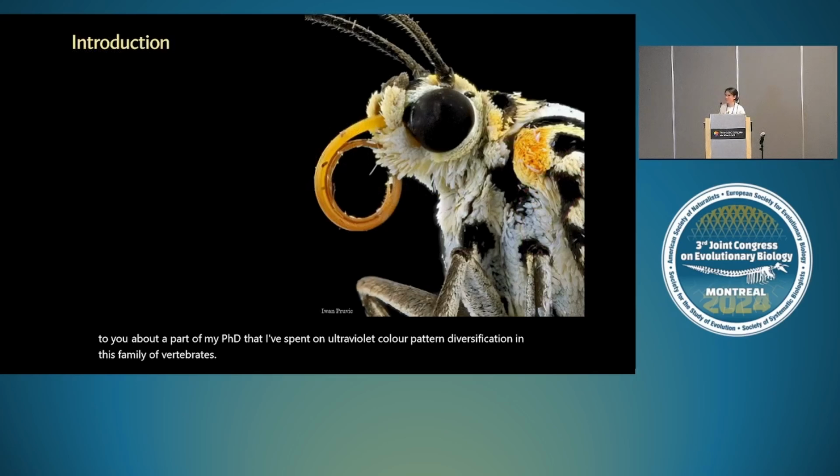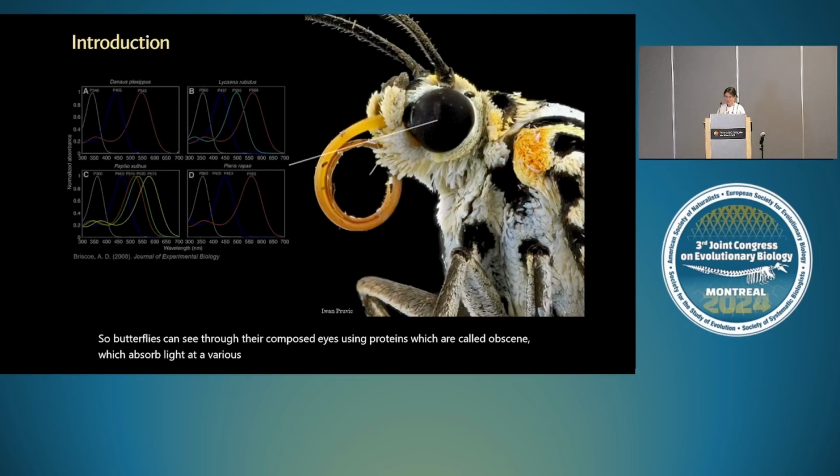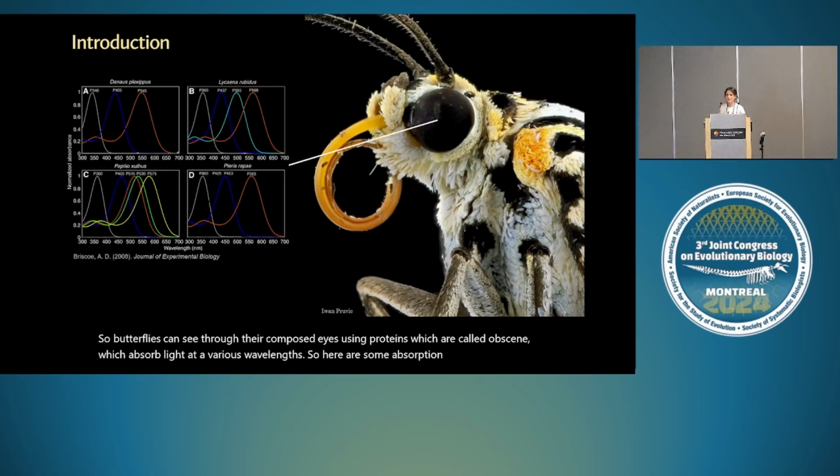Butterflies can see through their compound eyes using proteins called opsins, which absorb light at various wavelengths. Here are some absorption spectra of various species of butterflies. You can see that they have opsins that absorb between 400 and 700 nanometers, which corresponds to human visible light.